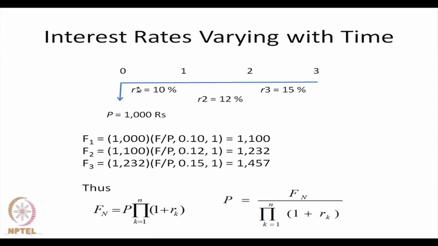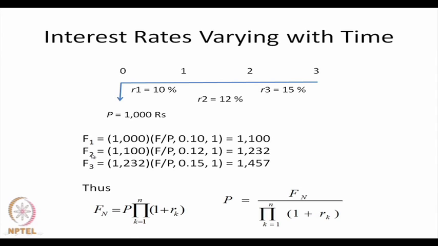Otherwise, we know that it is nothing but 1 plus 0.1, which is 1.1. So, not divided by, multiplication. So, this multiplied by 1.1 is nothing but 1100.